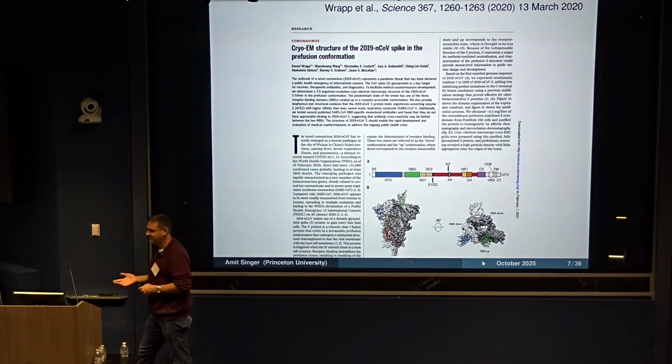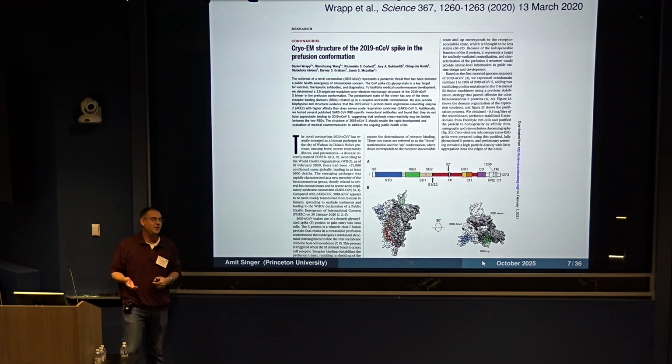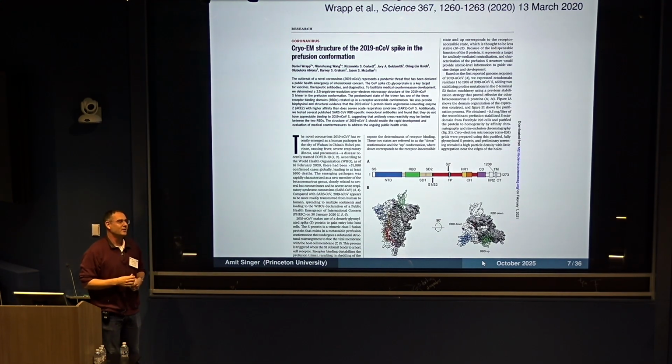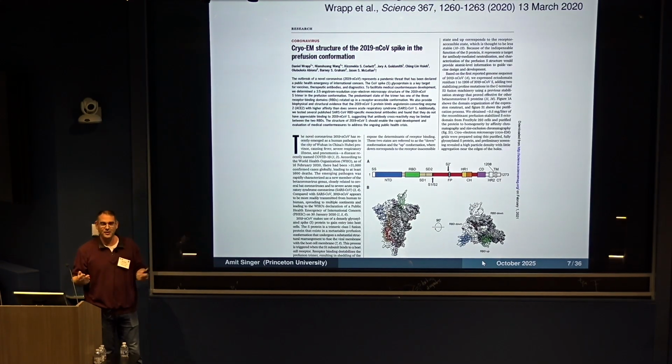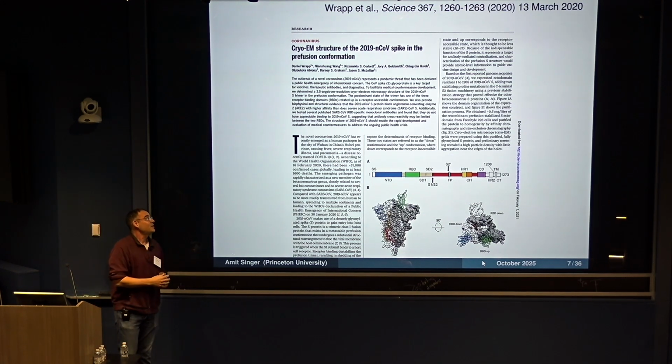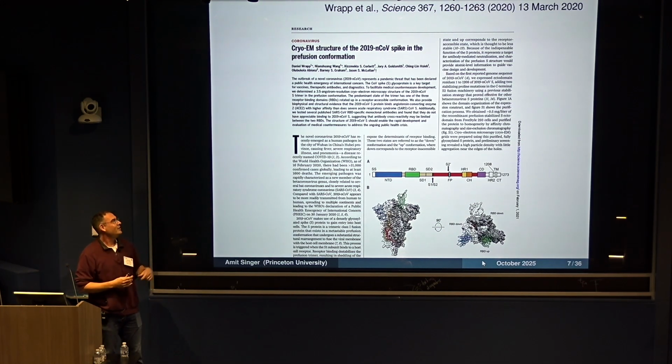Now, it's not just the sheer number of proteins, but also the impact that it has on biology and even global health, okay? So it's just one example that I like to show. This is a paper in March 2020 in Science.